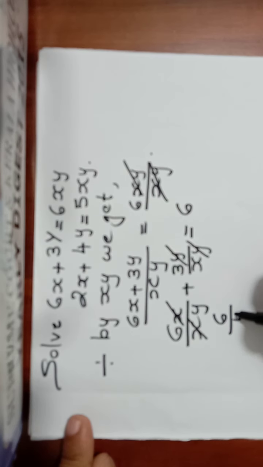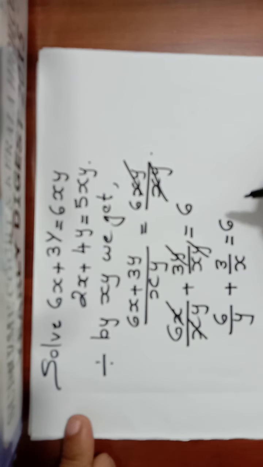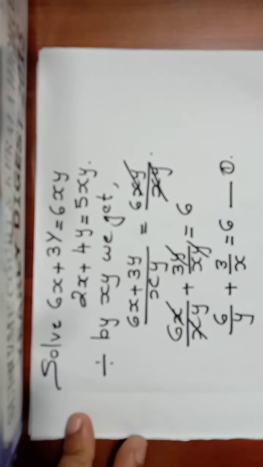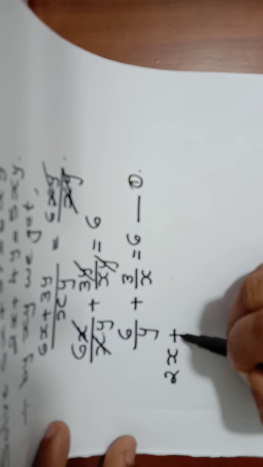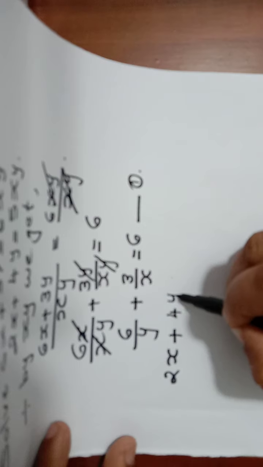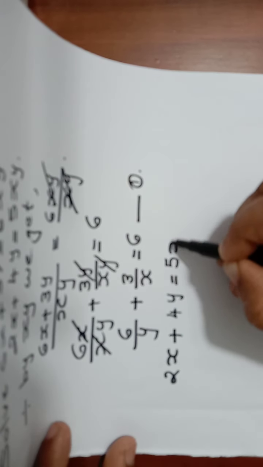See here we have 6 by y plus 3 by x is equal to 6. So this is the first equation. Again we have to rewrite the equation.